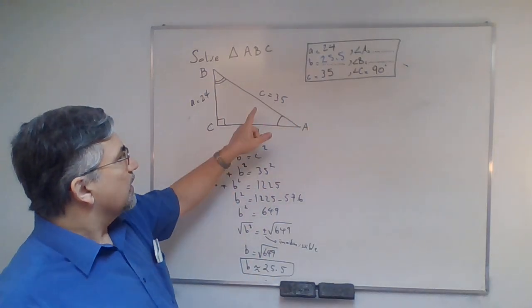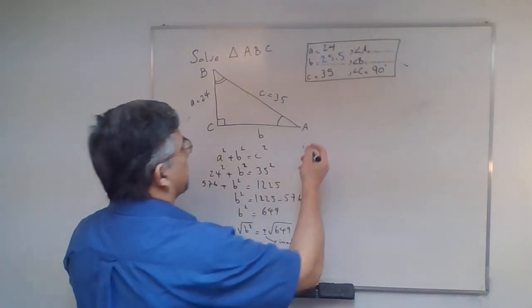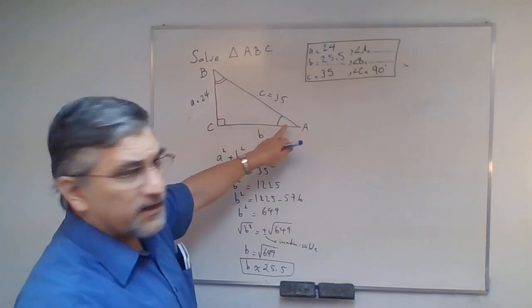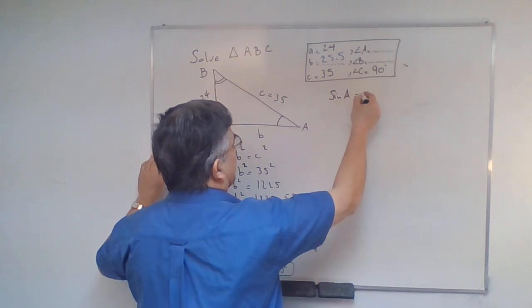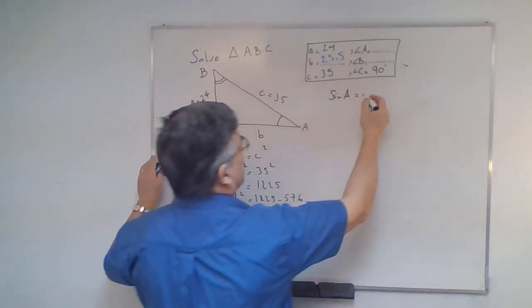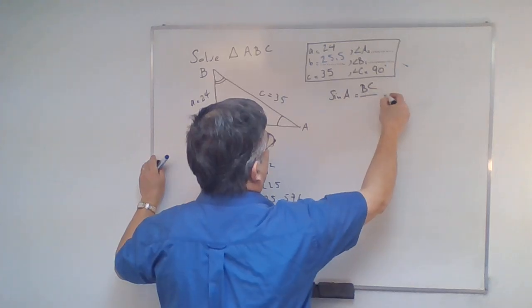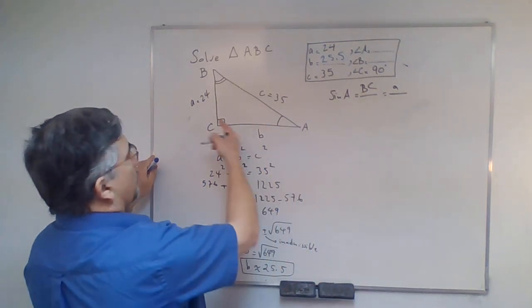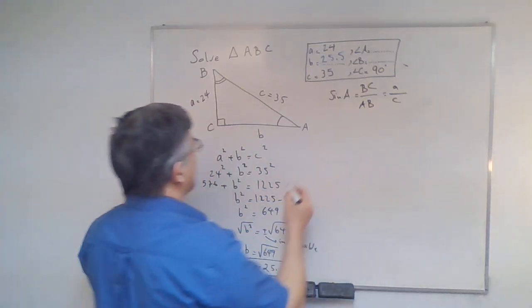Okay, now I'm going to go after angle A, perhaps. To find angle A, I can use the sine ratio. Sine of angle A is the ratio of opposite, which is BC, or lowercase a, over hypotenuse AB, which is c.